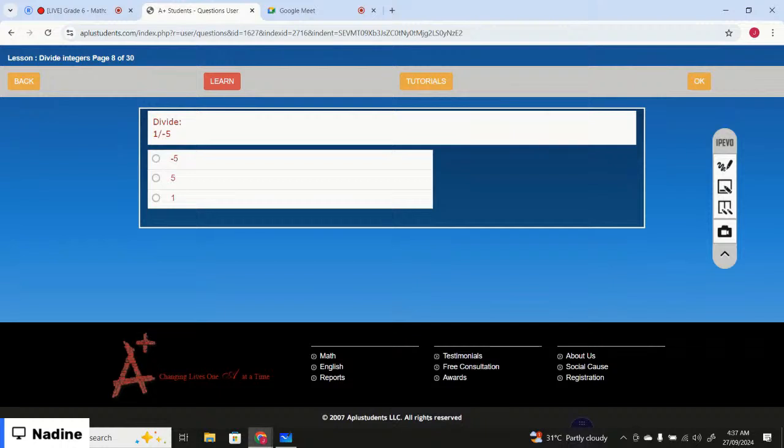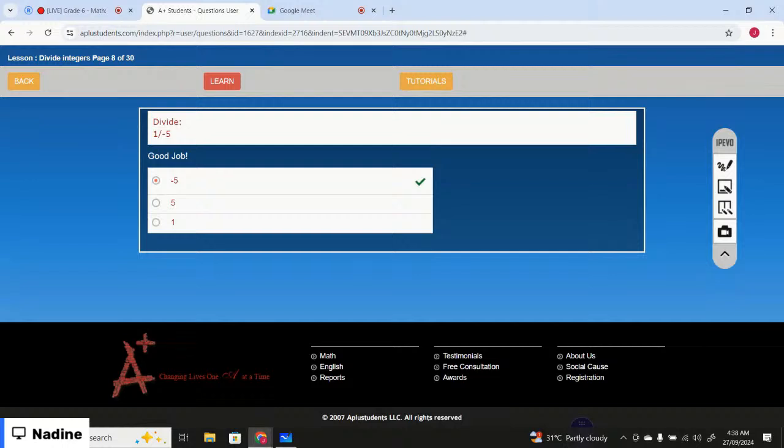Negative 5 divided by 1, which is the correct option? The correct option is negative 5. Option number 1 is the correct option.